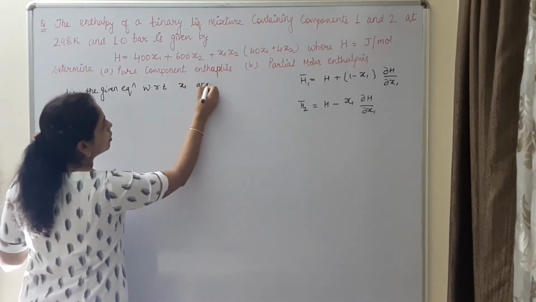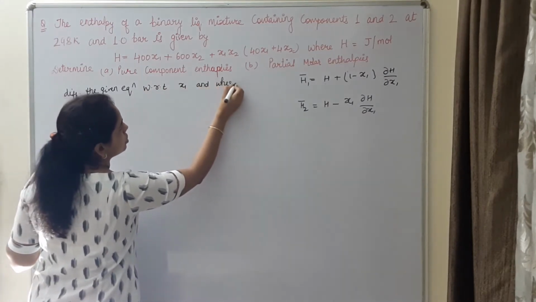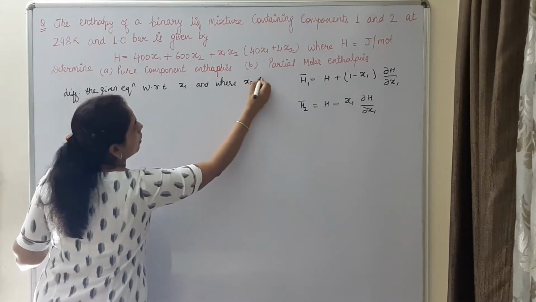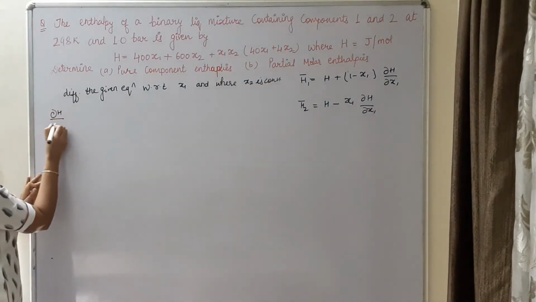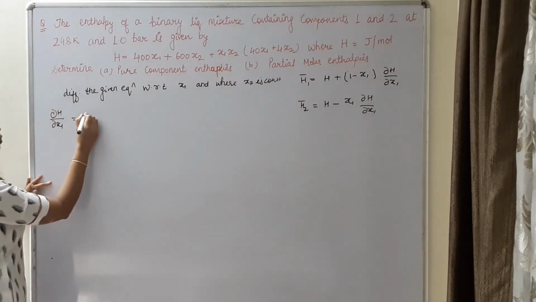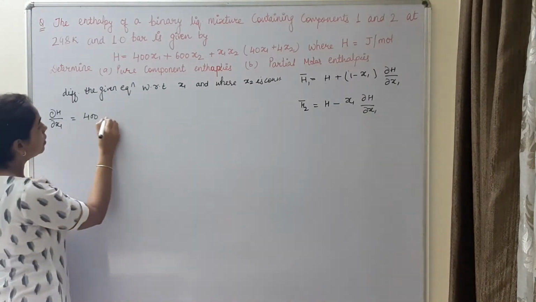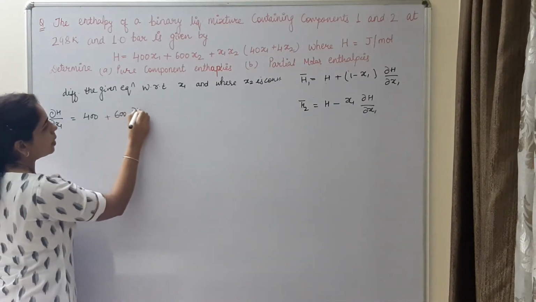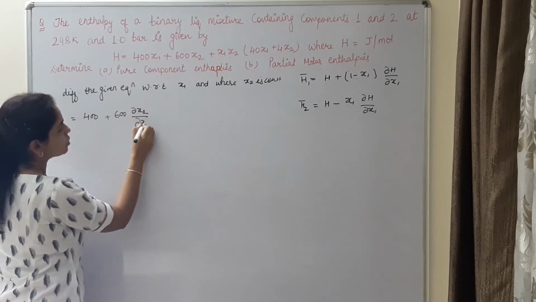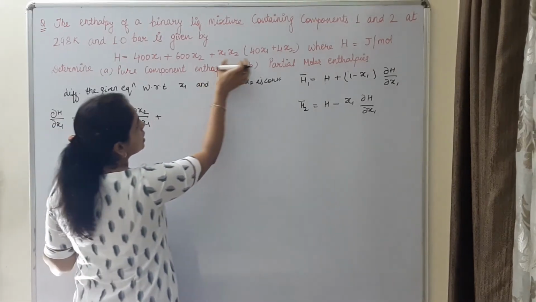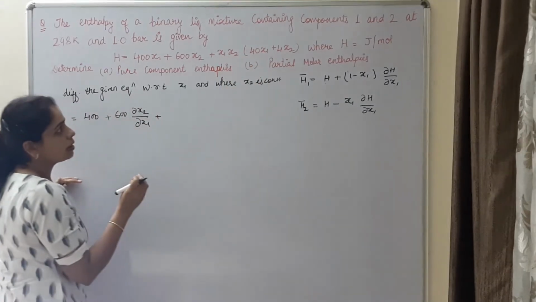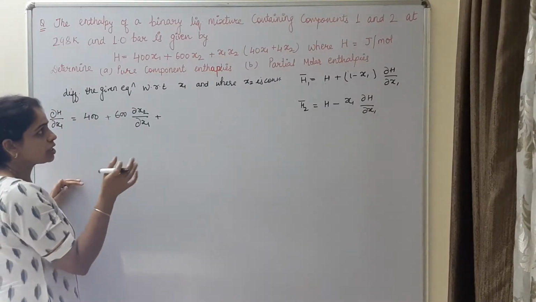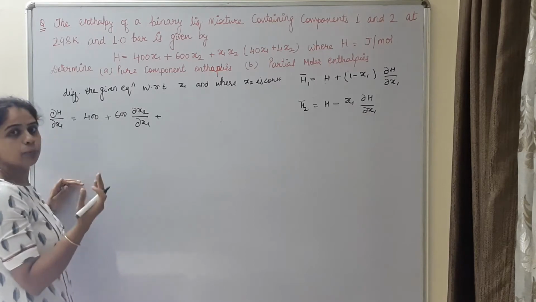So ∂H/∂x1 is equal to 400 times the differentiation of x1 with respect to x1, which is 1, plus 600 ∂x2/∂x1, plus, here we consider these as two terms and apply the product rule.